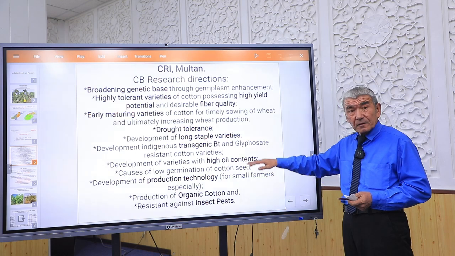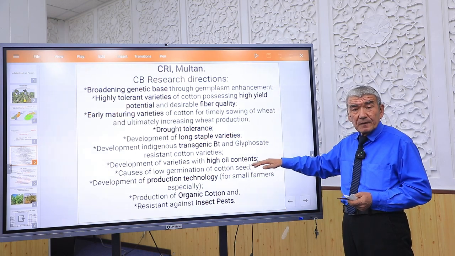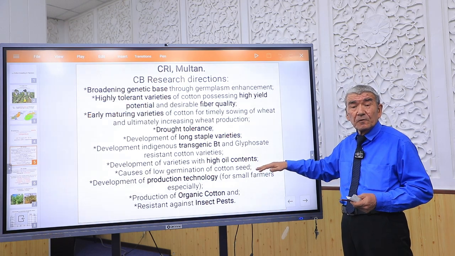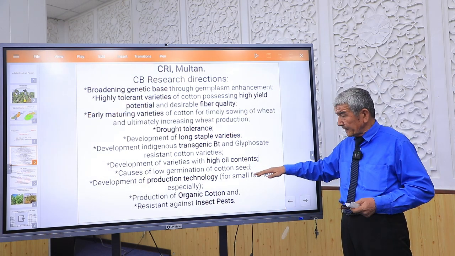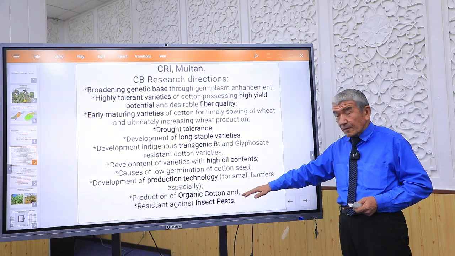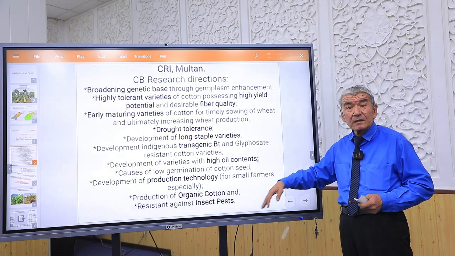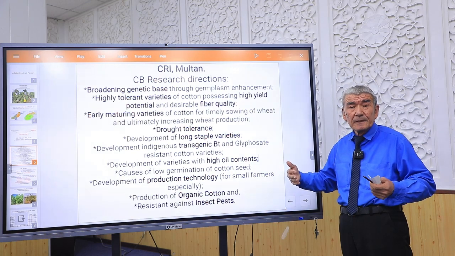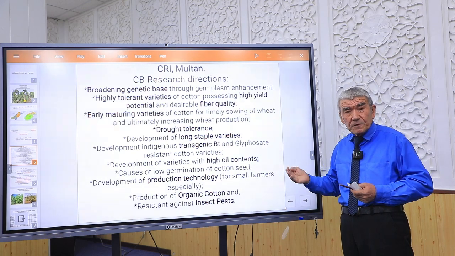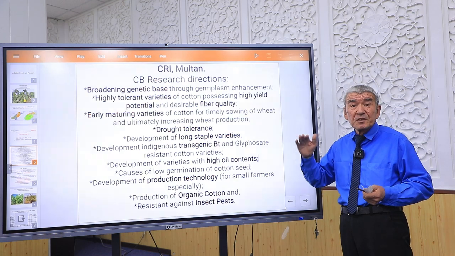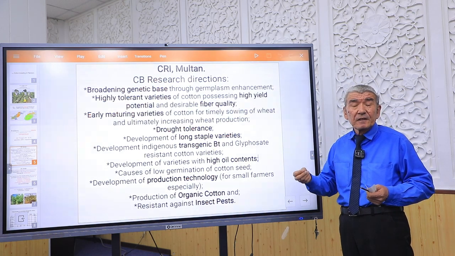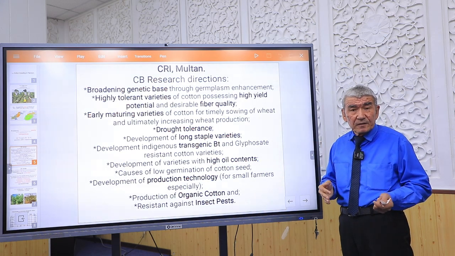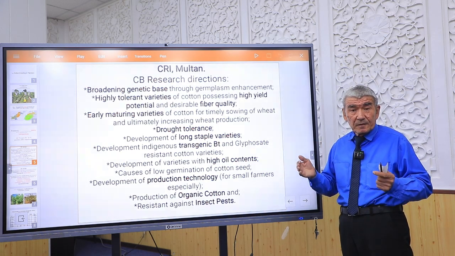Besides these directions, new directions of plant breeding were introduced. One of them is organic cotton growing. Organic cotton growing is very useful because of decreasing the application of herbicides, pesticides, and others.